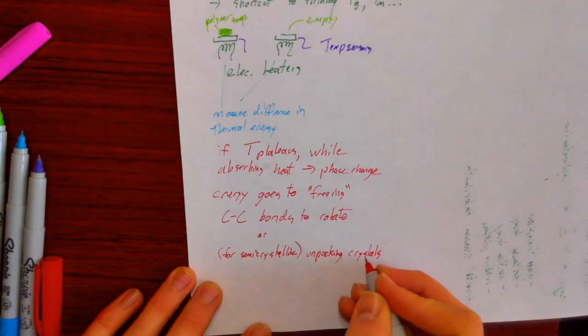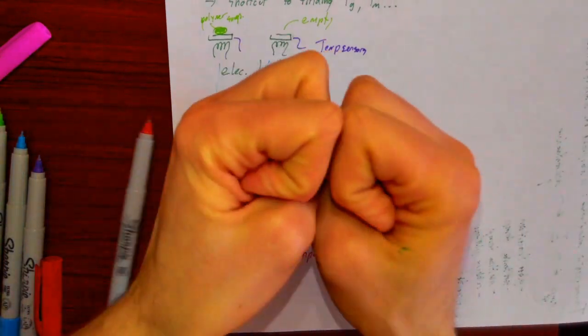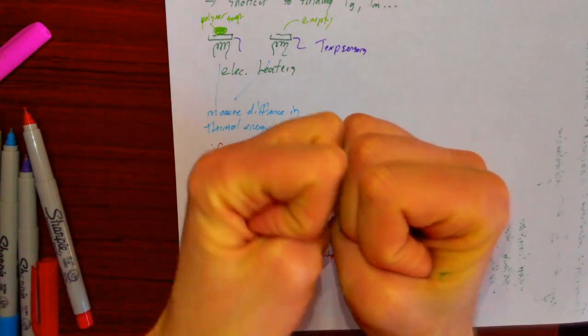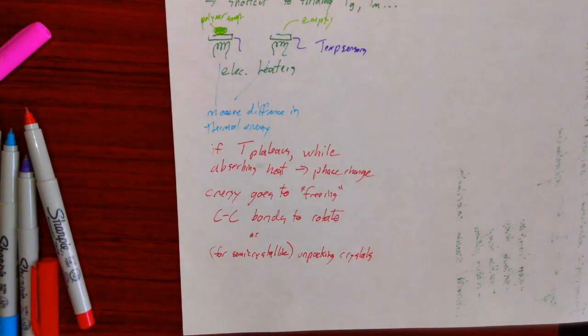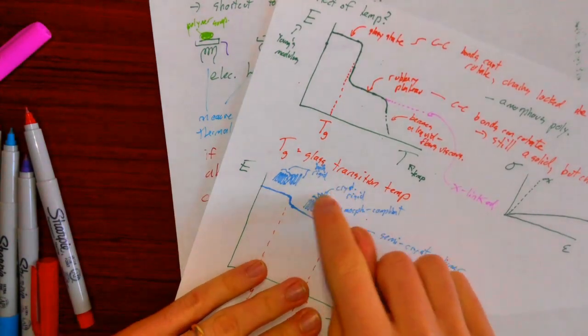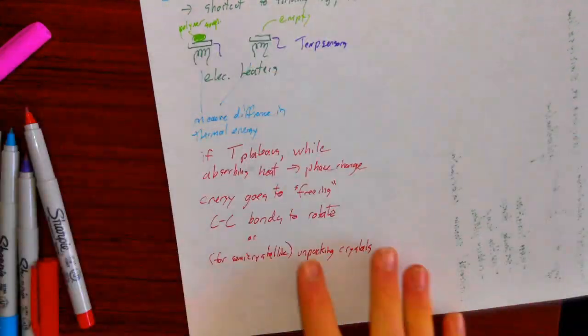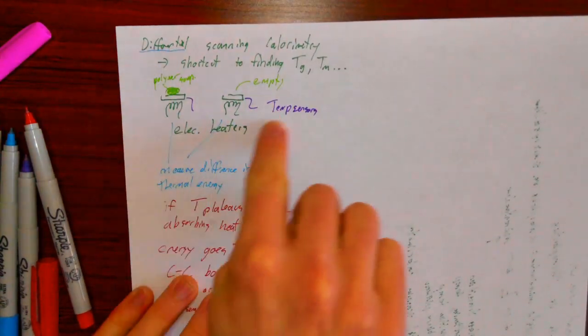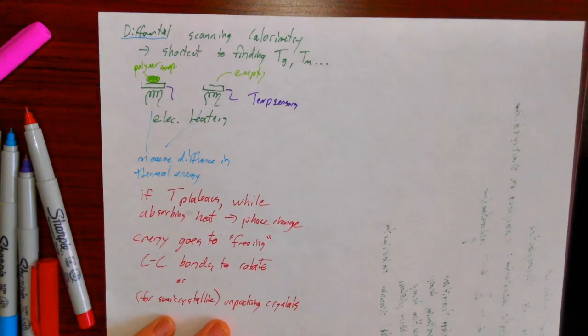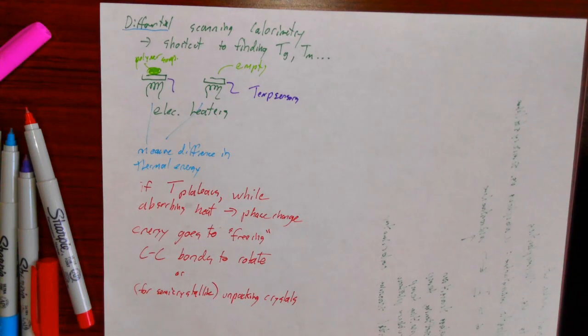In the same way, it takes a lot of thermal energy to unpack water molecules from ice crystals to make them liquid. It takes thermal energy to unpack polymer crystals to make them amorphous. And this is something you can observe with a differential scanning calorimetry experiment.